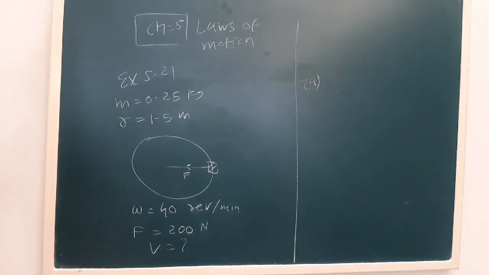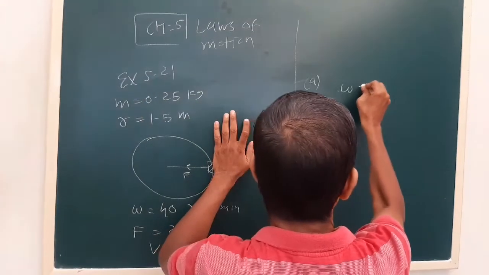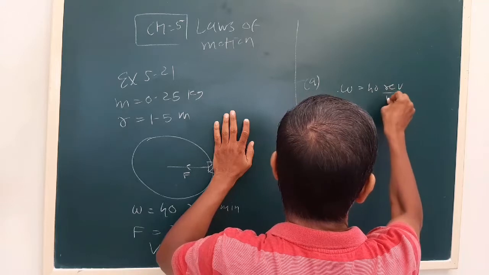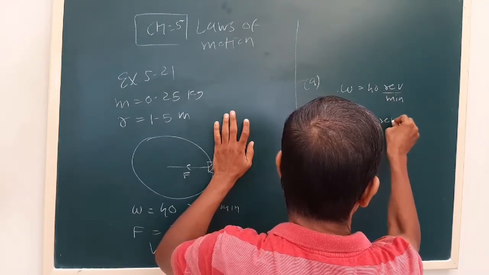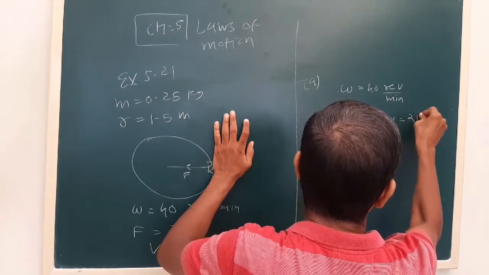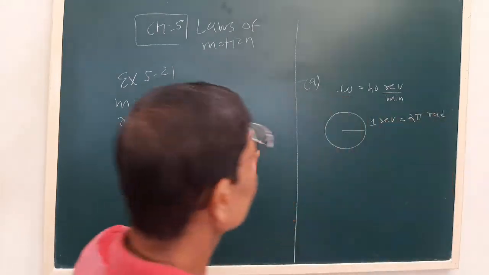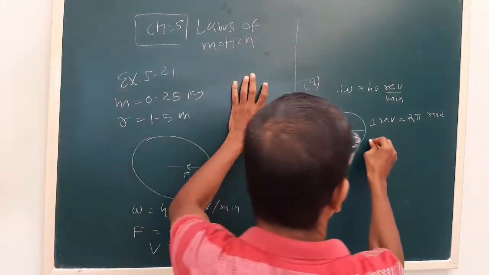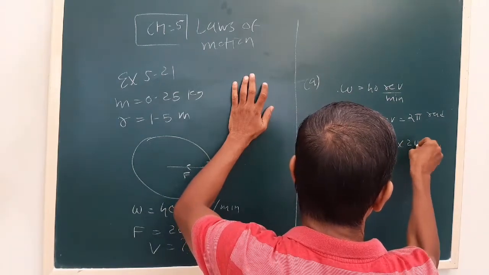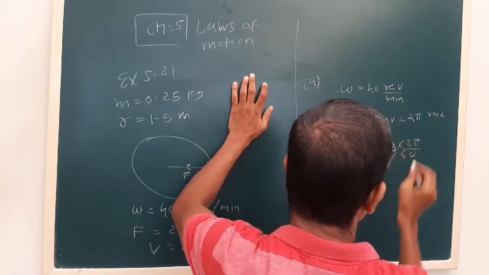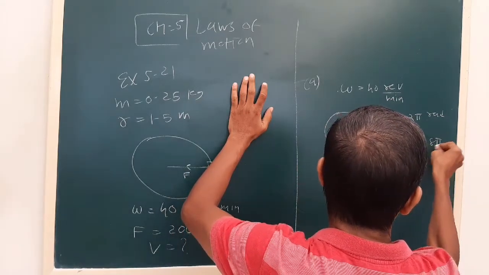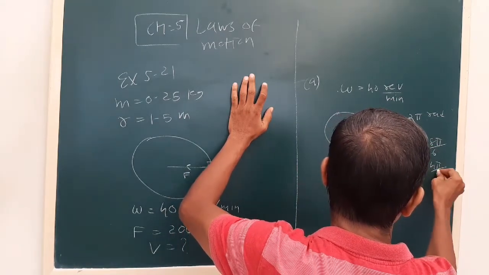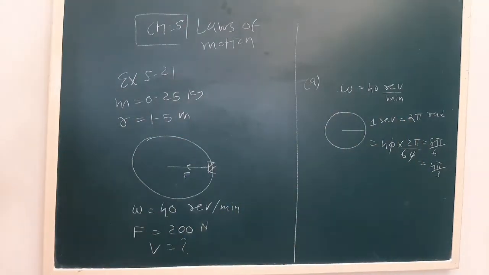Here omega is given as 40 revolutions per minute. One revolution is 2 pi radian, that is known to you. So 40 into 2 pi, per minute into second, it will be 8 pi by 6, that is 4 pi by 3. Now what is the linear speed?